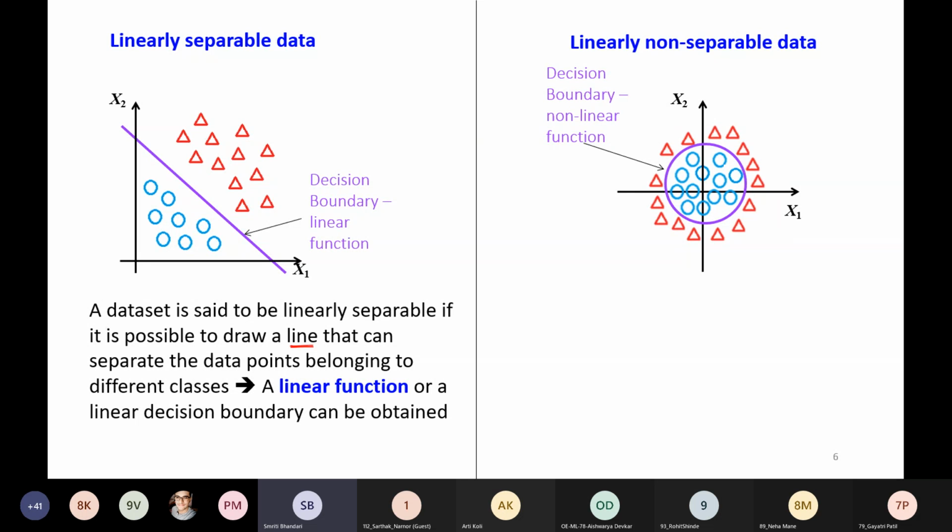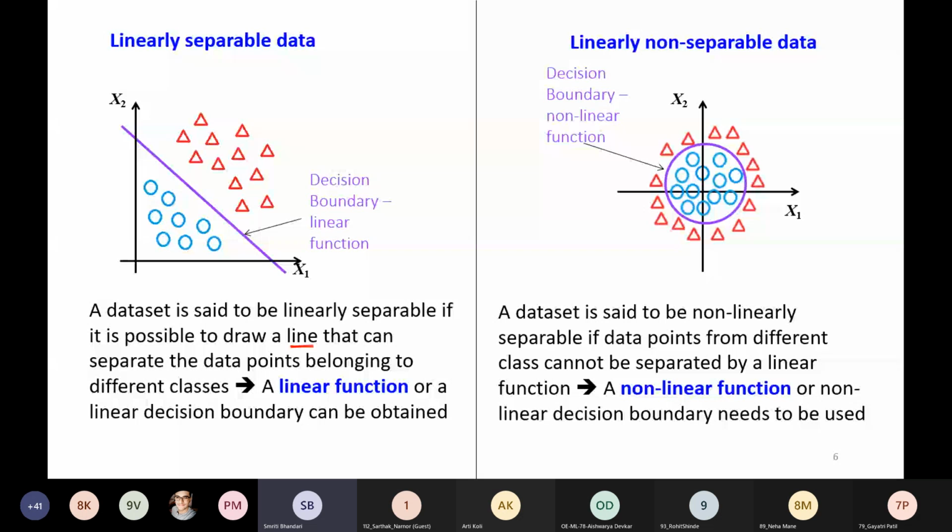Okay, so a data set is said to be non-linearly separable if data points from different classes cannot be separated by a linear function. So if it is not possible for us to come up with a linear function to separate out data belonging to different classes, then we should come up with a non-linear function.